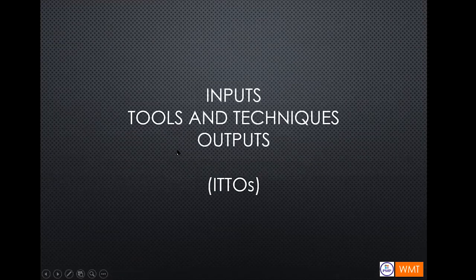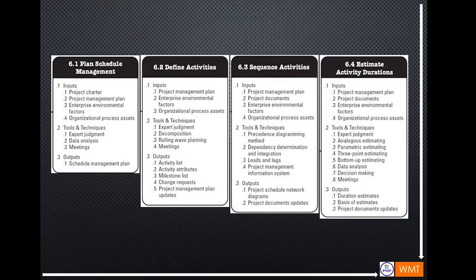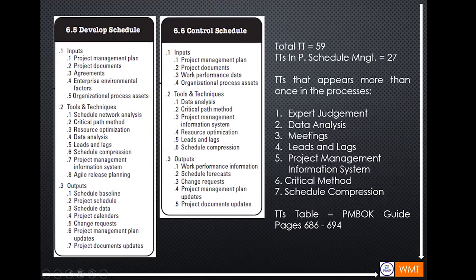So we go to the inputs, tools and techniques, and outputs. Sometimes we call it in short the ITTOs. I will not be reading this to you. I have just made a summary of the common tools and techniques used in the processes. There are a total of 59 tools and techniques. Project schedule management uses 27 tools and techniques.